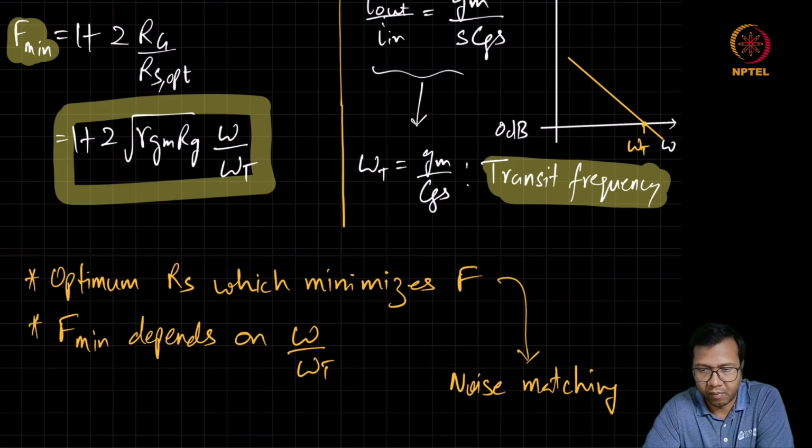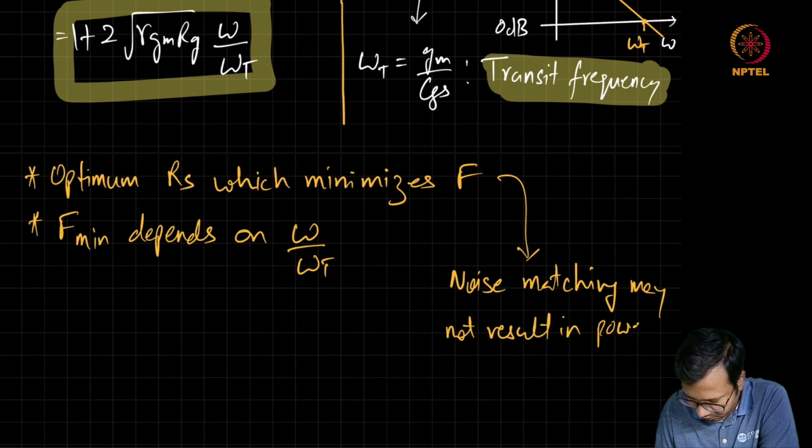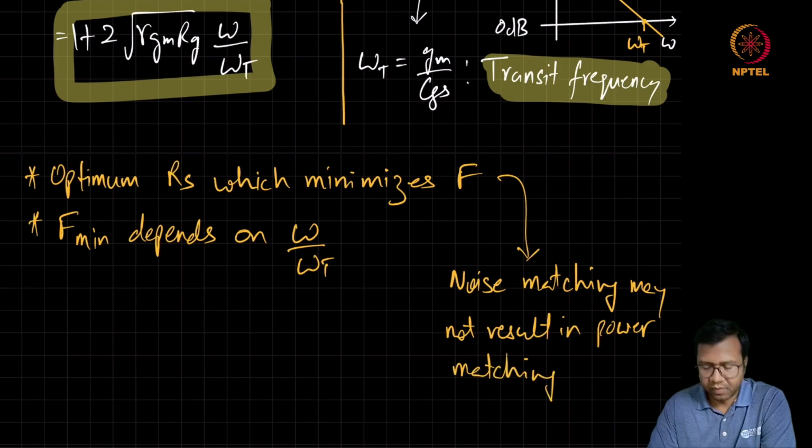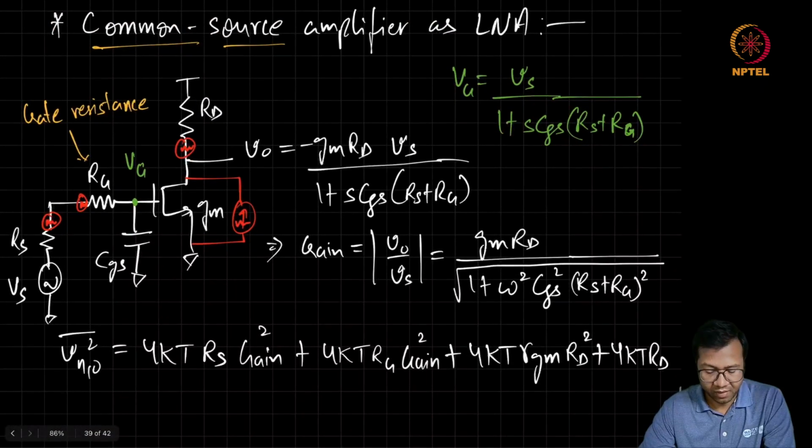This can be a problem in cases when we are trying to design a low noise amplifier where we have to meet the low noise performance along with good matching. So this is the discussion about using a common source amplifier as an LNA, and already we can see multiple challenges.